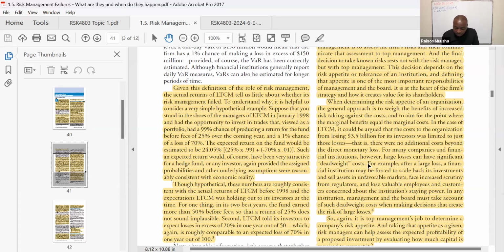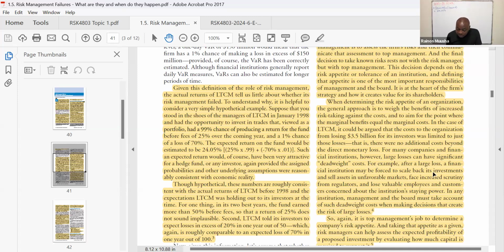Which means apart from the loss that you're suffering as an organization, there are other losses that are going to be coming in, complementary to that particular loss as well. So that's basically what they refer to as deadweight cost.